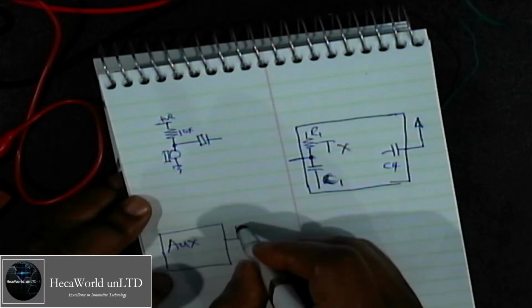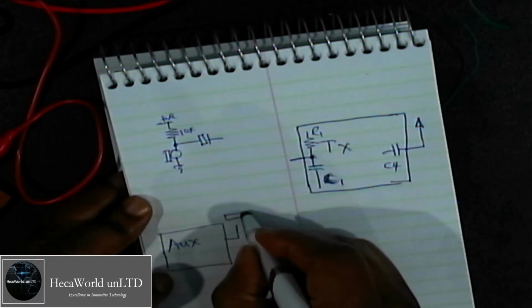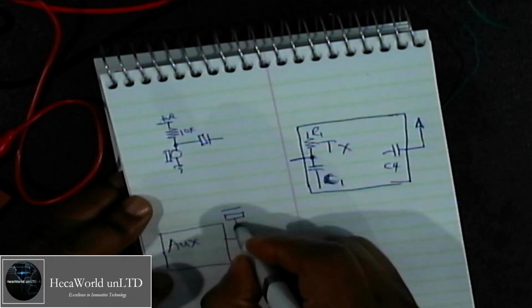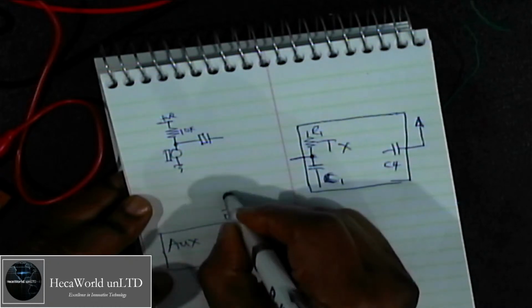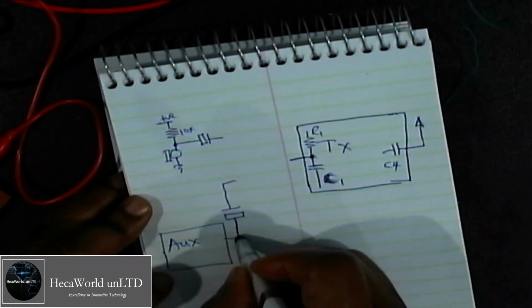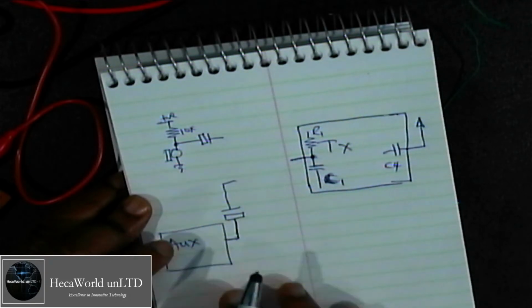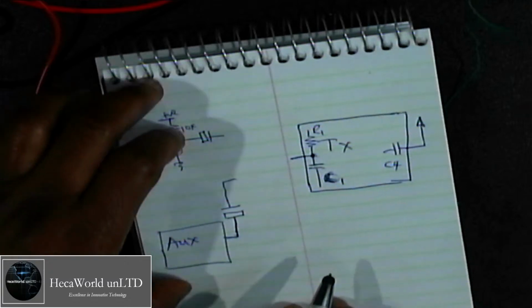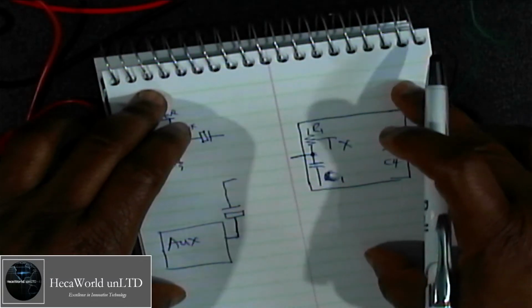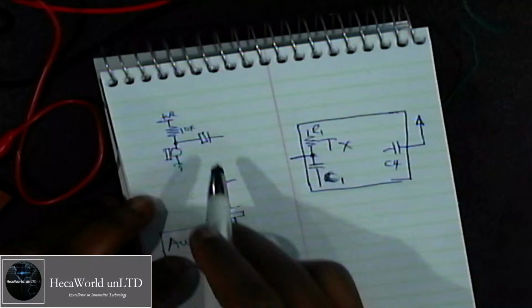You can also use a filtering capacitor or a coupling capacitor. The reason you do that is just in case this is drawn directly from a DC source, you want to isolate the power supply conditions of your inputs from the power supply conditions of your transmitter. So you can use a capacitor in this way, right?